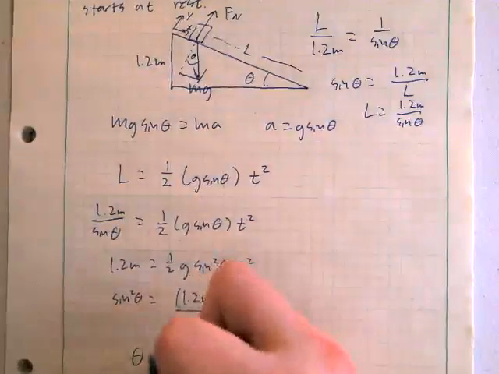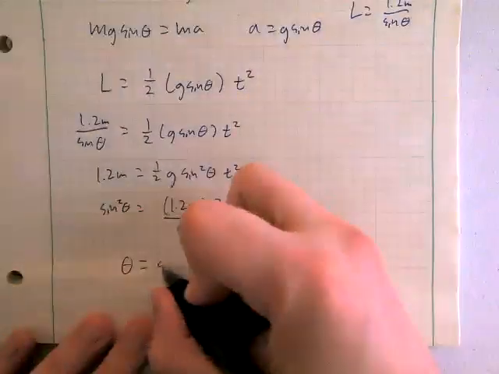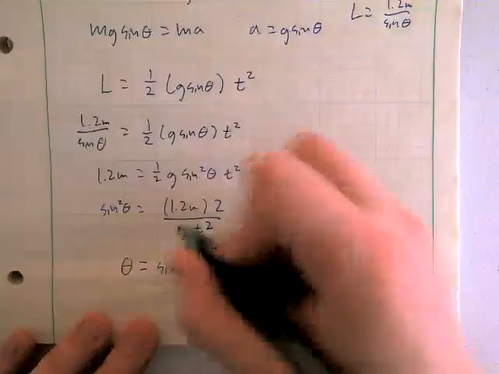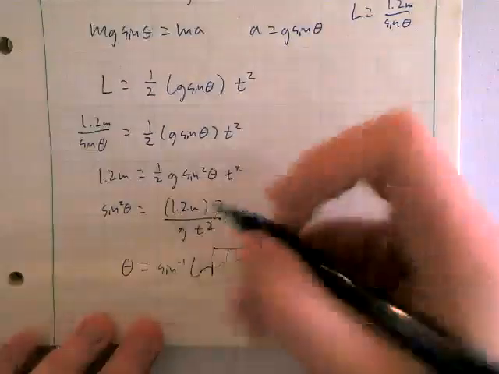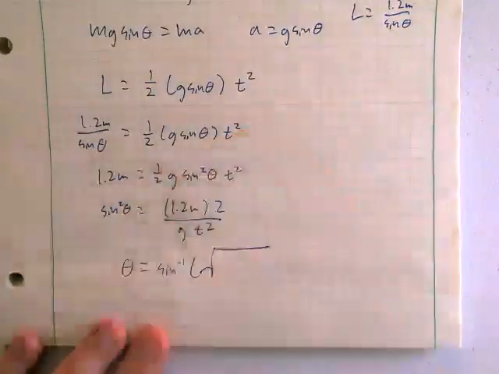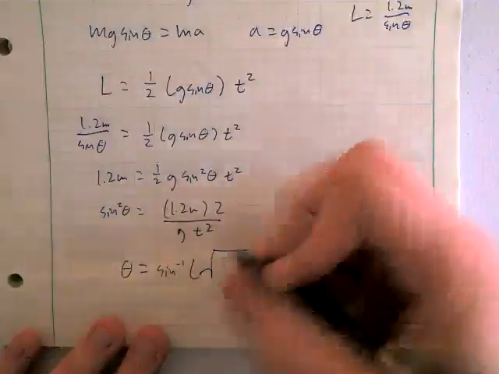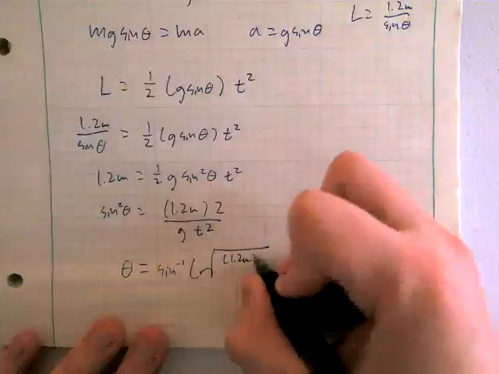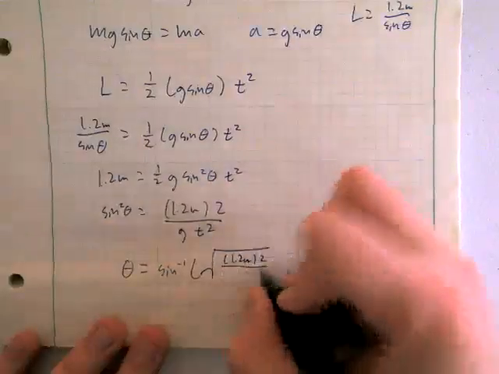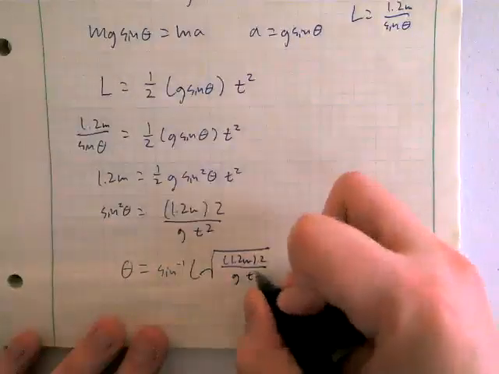We have theta is going to be equal to the inverse sine of the square root of all of this stuff, right? Take the square root of this side, we just have the sine of theta. Take the square root of this side, take the inverse sine, so we have square root of 1.2 meters times 2 divided by g times t squared.